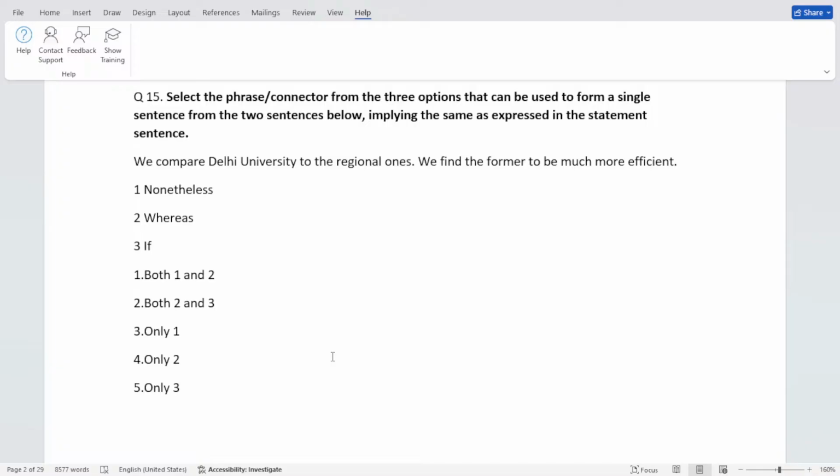So here the word if introduces possible or impossible situations. So accordingly the correct statement will be: if we compare Delhi University to the regional ones, we find the former to be much more efficient. So accordingly, what will be the correct answer? Only 3 statements.